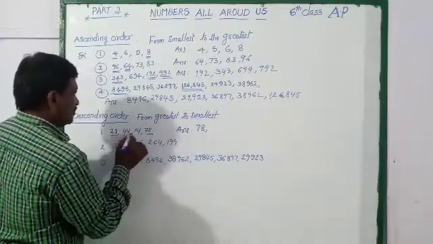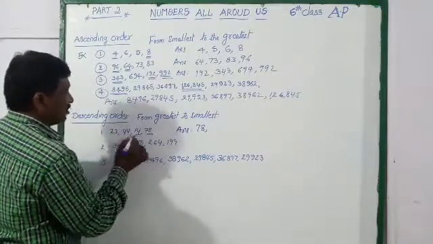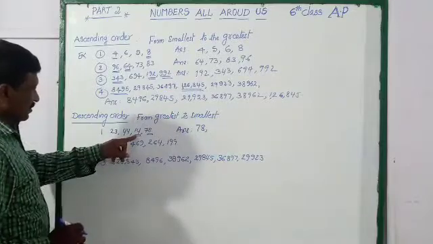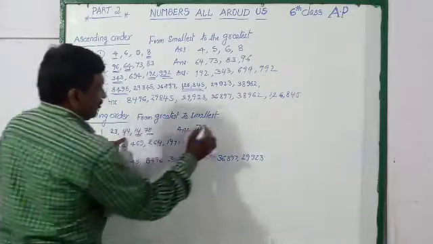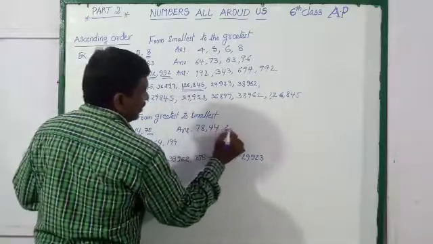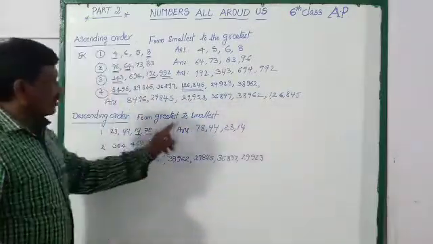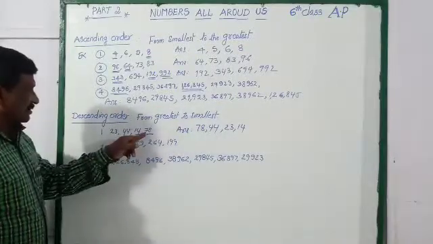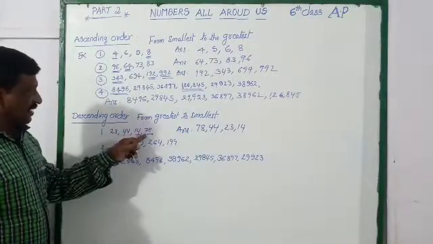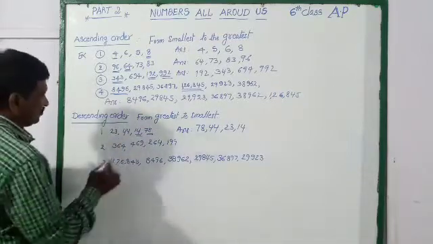Next, the smallest number is 14. 78, next 44, next 23, next 14. Greatest to smallest: 78, 44, 23, 14.